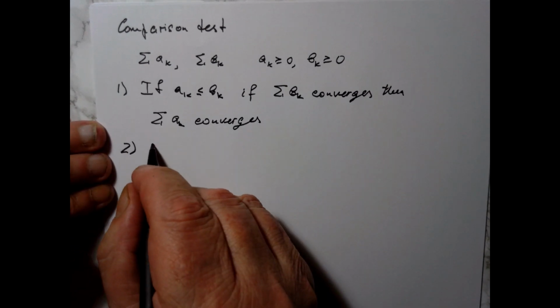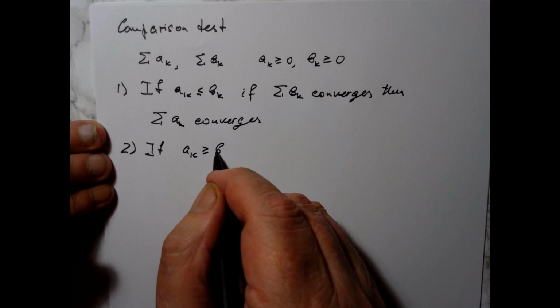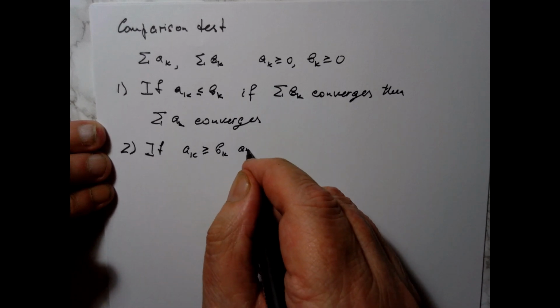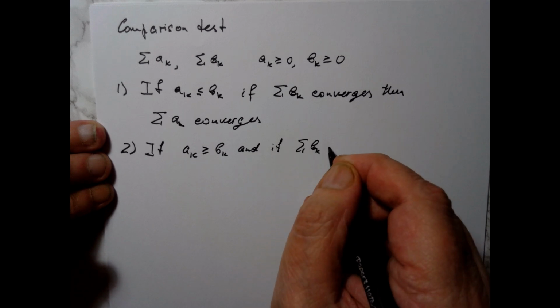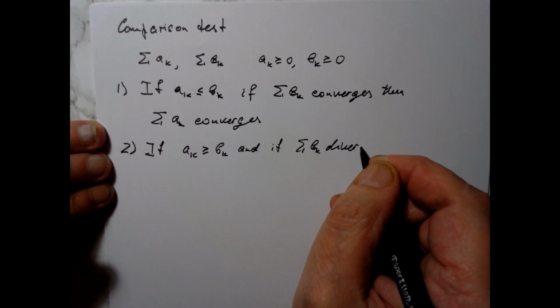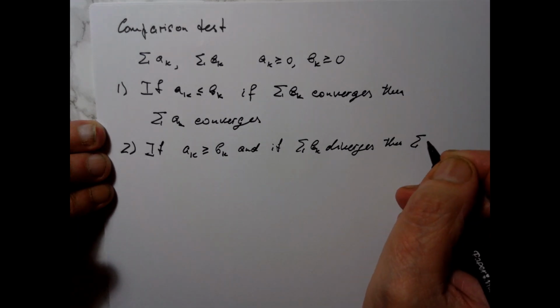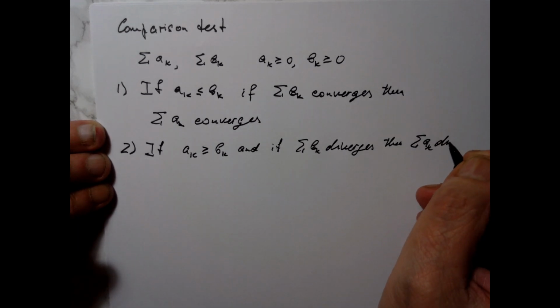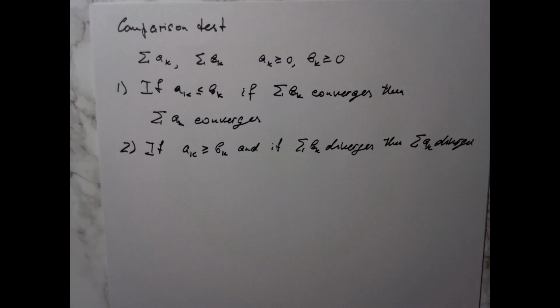Part 2 says that if AK is greater or equal than BK, and if the series BK diverges, then the series AK also diverges. Okay, so these are two comparison tests that you probably studied in Calculus 2.